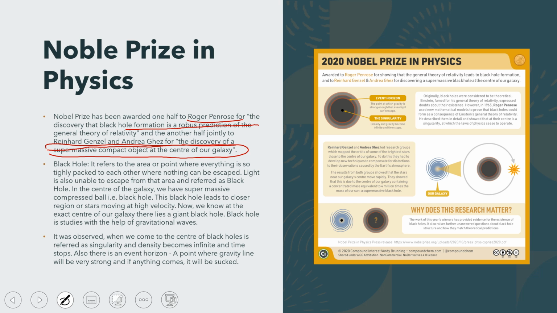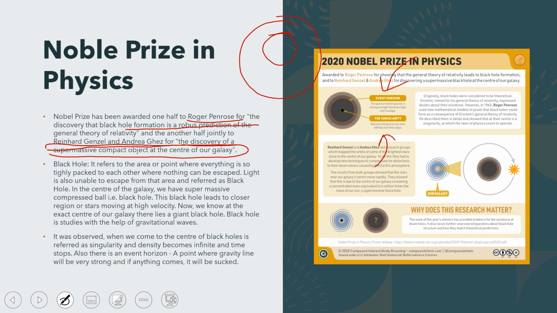Okay, so Roger Penrose's discovery was something like this: if you have a black hole, there are two divisions to it. One is called the event horizon, and another is called the singularity.